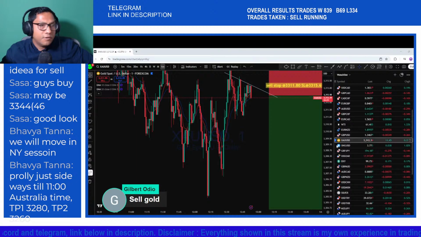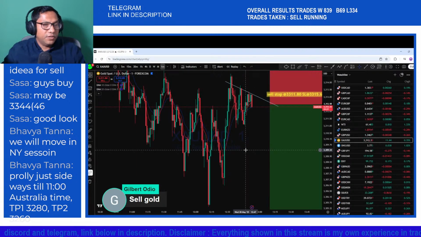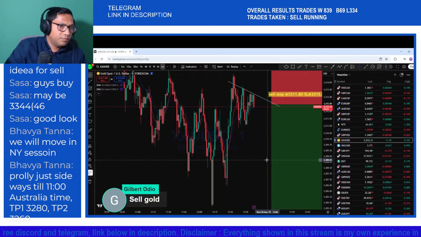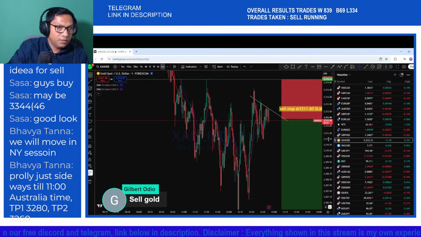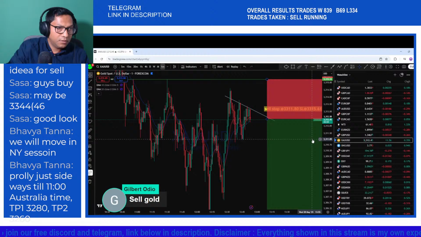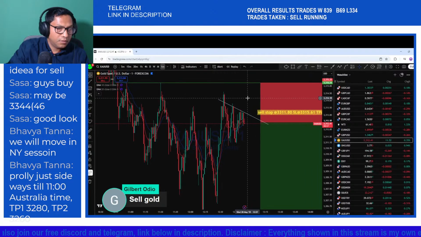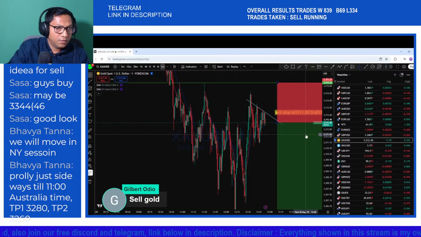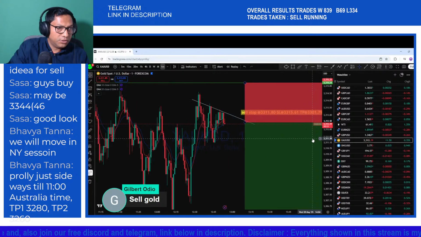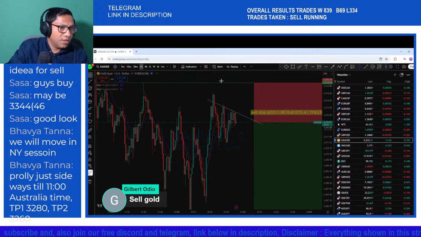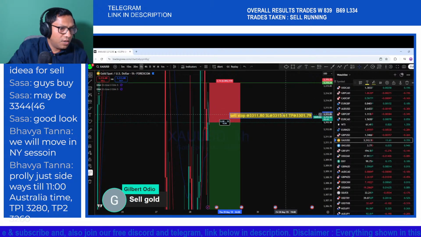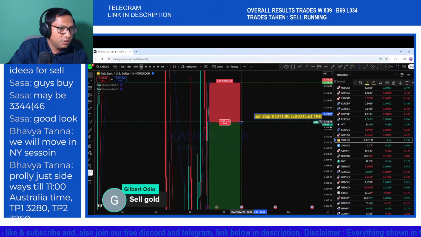Very interesting. That's very interesting, and I'm still holding with the trade. As soon as the candle closes, we see that 1 hour close coming. But this 1 hour candle close is important.